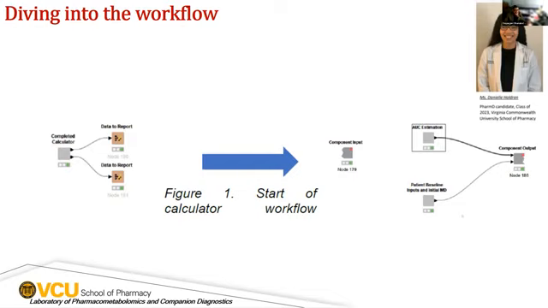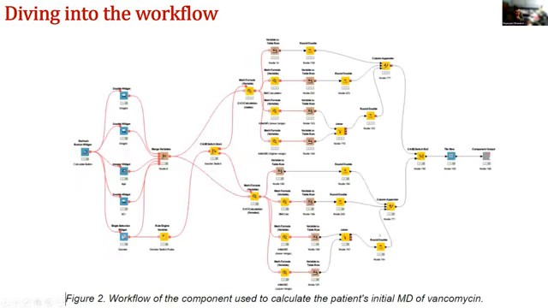So let's take a look at the patient's baseline inputs and initial maintenance dose component. And if you open that component, this is what you're going to see. In blue are all the widgets that allow interactions, including the tile widget that lays it out. And you have a bunch of nodes within this, and I'm not going to go into this in detail, but each of these nodes actually carries out a specific function.